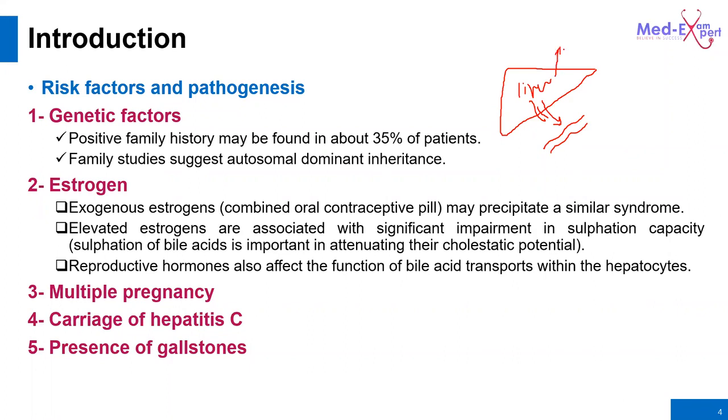It will increase in the circulation. The absence of secretion of the bile in the GIT will lead to malabsorption of food, especially fat, and the increase of the bile acids in the circulation will lead to the different symptoms of obstetric cholestasis.